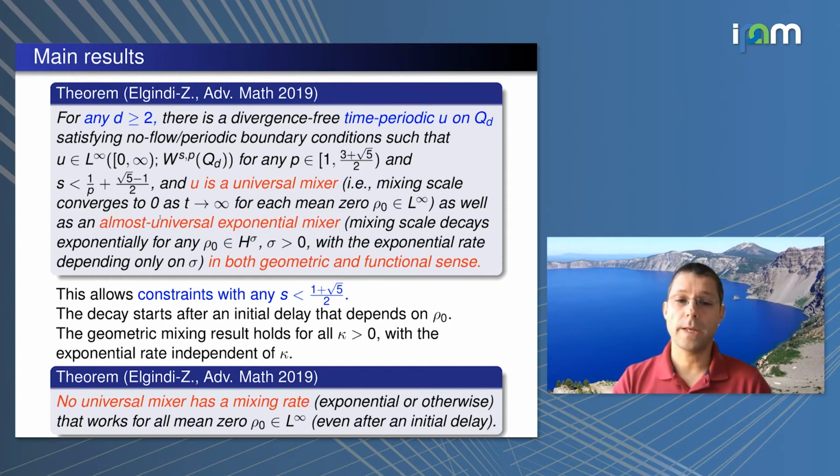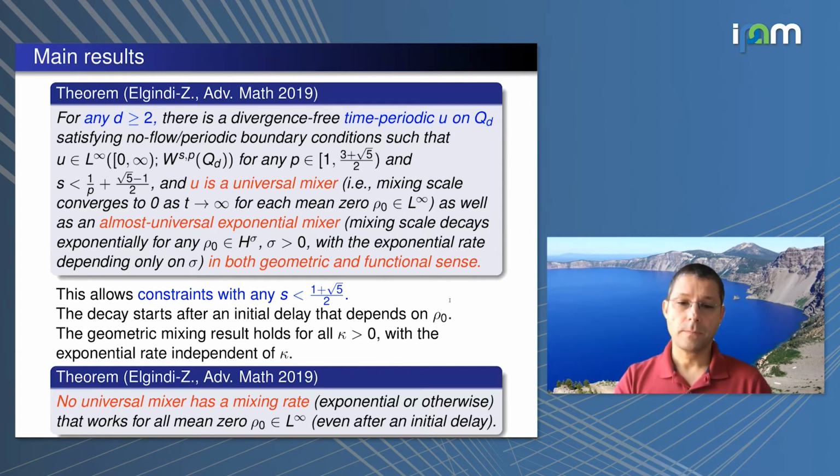And so we call that flow an almost universal exponential mixer, because it mixes reasonably nice, not too nice, but just a little bit nice data. Both these results hold in both the geometric and functional sense. So whether you look at the functional mixing scale or geometric mixing scale, you get the same result.